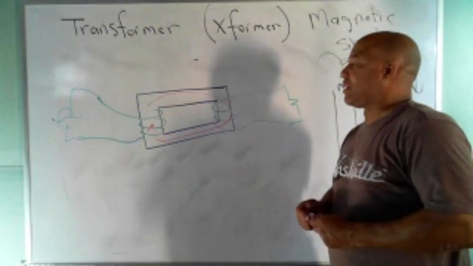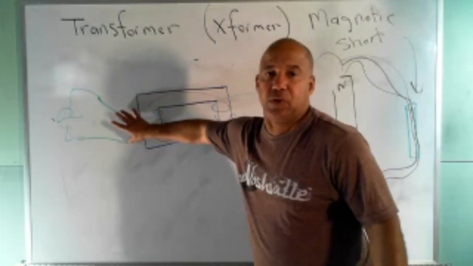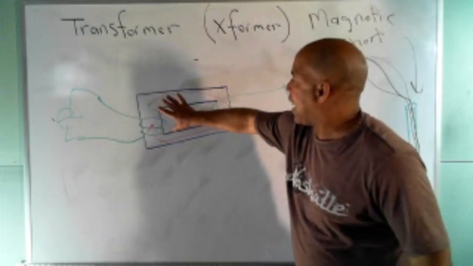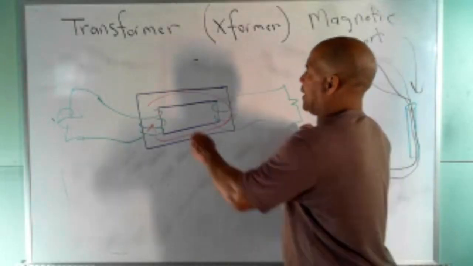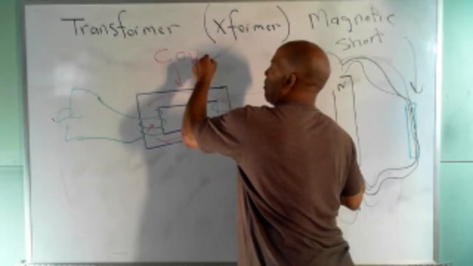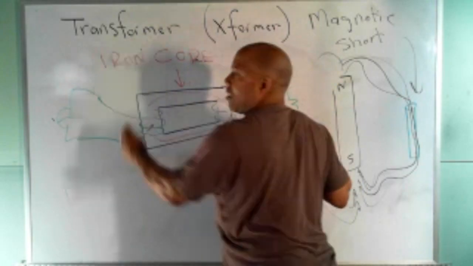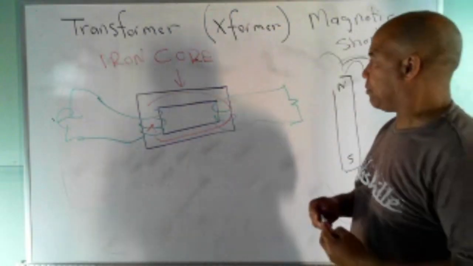So practically, not all, but ideally, 100% of the flux produced over here would travel through this piece of metal. By the way, this metal is called a core, and it's usually made of iron. They call it an iron core, just core for short.